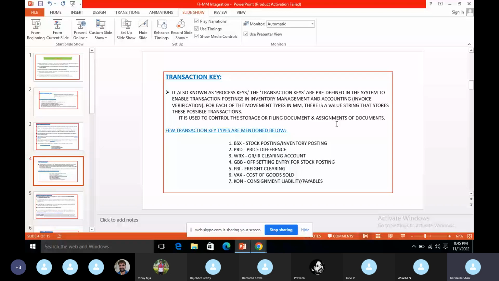A few transaction keys which we FI people generally use are BSX for stock or inventory posting, PRD for price difference, WRX for GR/IR or clearing account, GBB for offsetting entry for stock, FRI for freight clearing, and VAX for cost of goods sold.